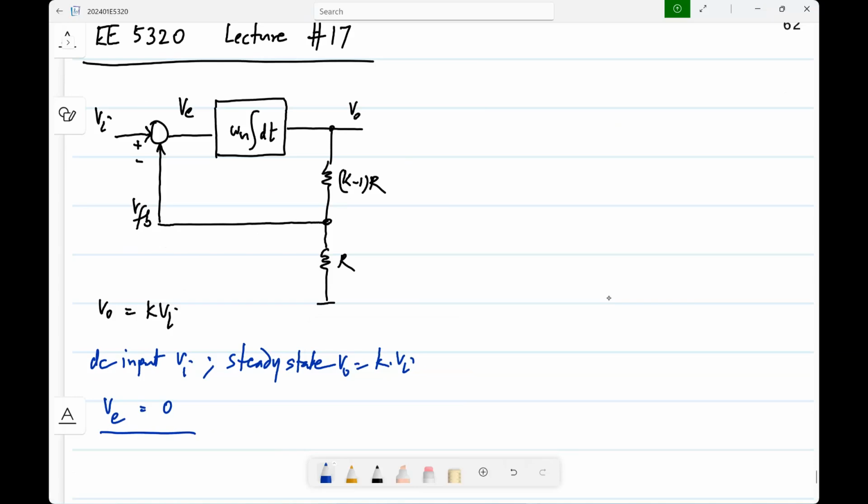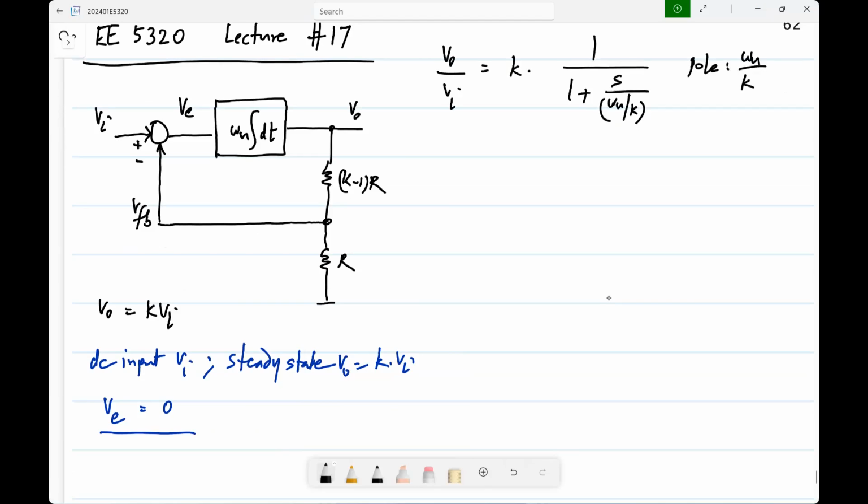Okay, and then we know some key parameters of this. The transfer function is K. So this is a first order transfer function with a pole at omega u by K, and this is also the bandwidth of the system because it's a first order system.